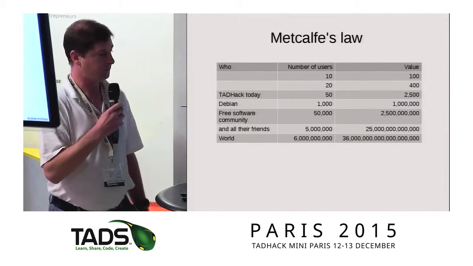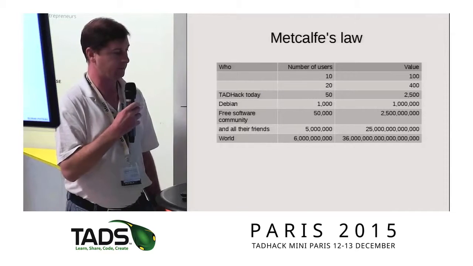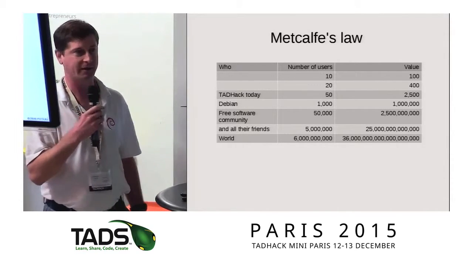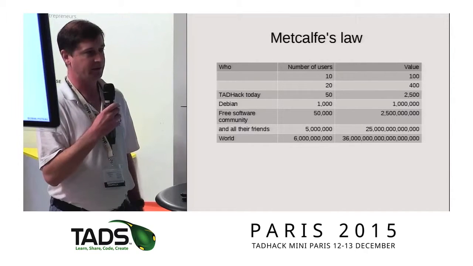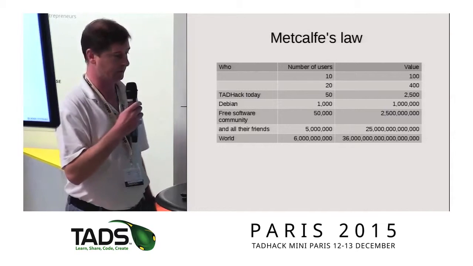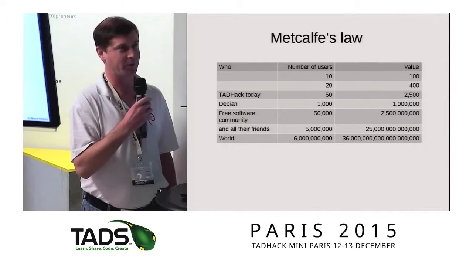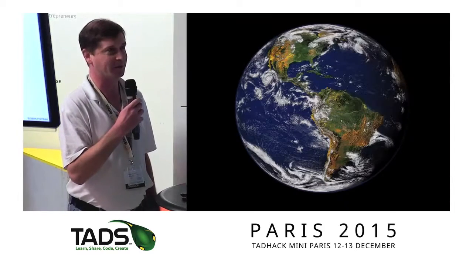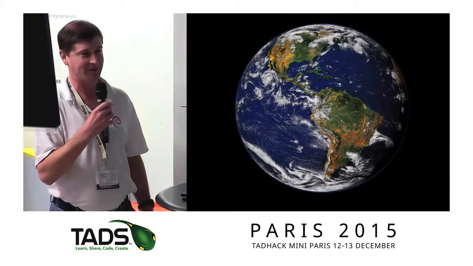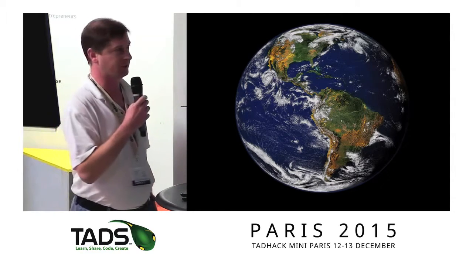If we went through a few examples, like here at TADHack, if we have 50 people, and we all use the same technology to communicate, then the value of that technology is 2,500 using that measurement. If you take that big number down at the bottom, I don't actually know how to say it, but it looks something like this. If you can get everybody to use a single technology, and maybe WebRTC will be that technology.